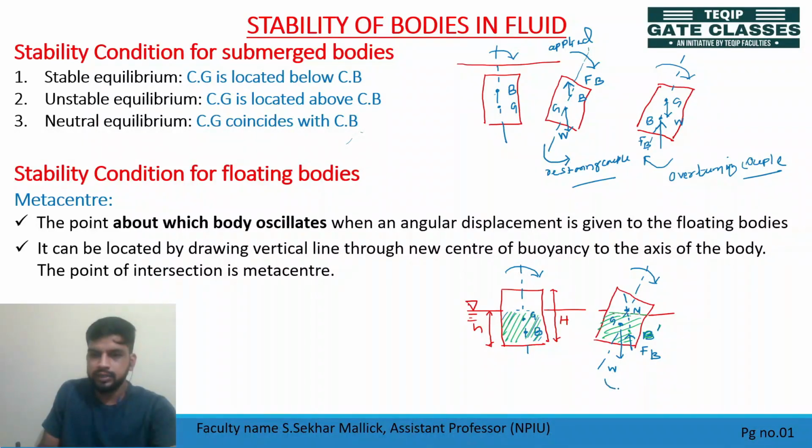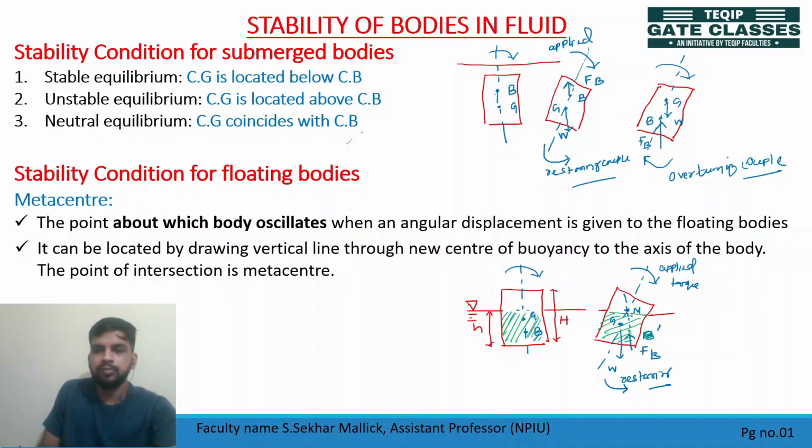Will it be this direction? See here. So this couple will try to restore or overturn. This is your applied torque. Tell me, this generated torque will restore or overturn? Definitely it will restore. So it is a restoring couple. So that's why this condition is your stable condition.